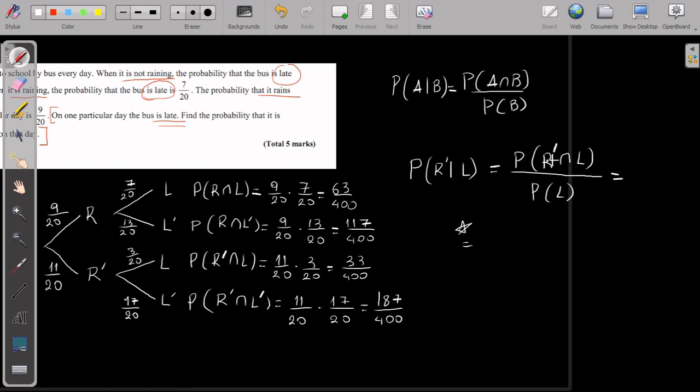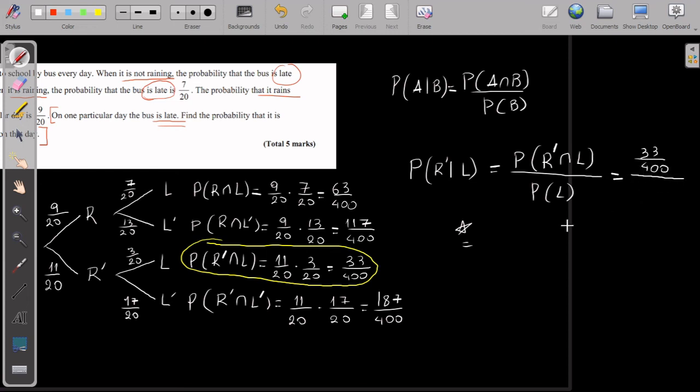The probability of not raining and being late, I have calculated, and it is here. You can see it. Not rain and being late. So this probability is given. It is 33 over 400.